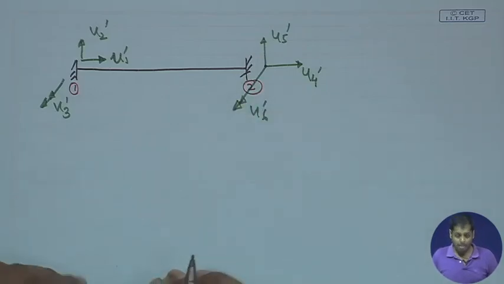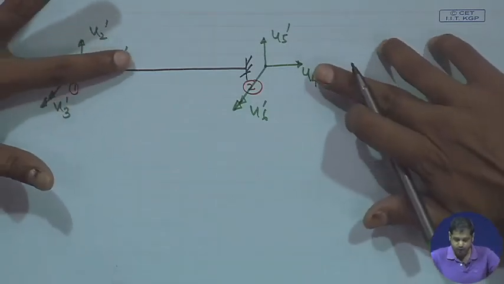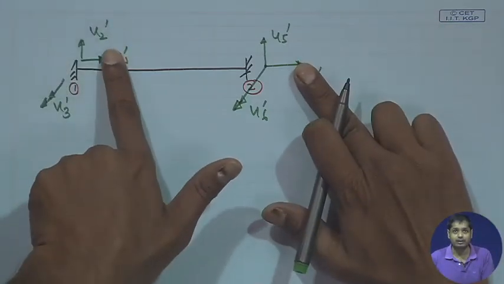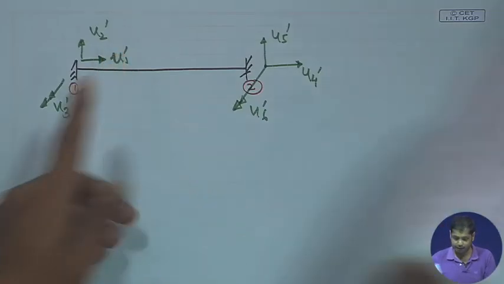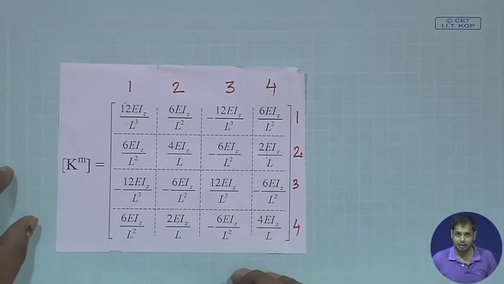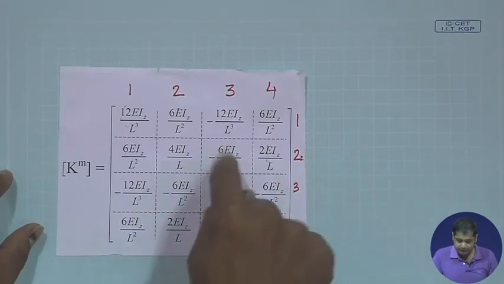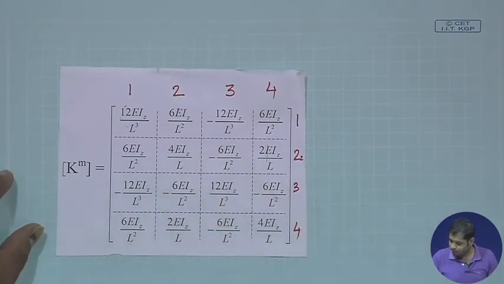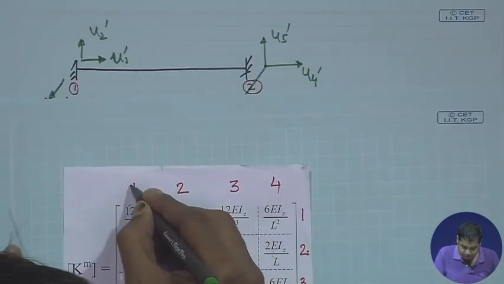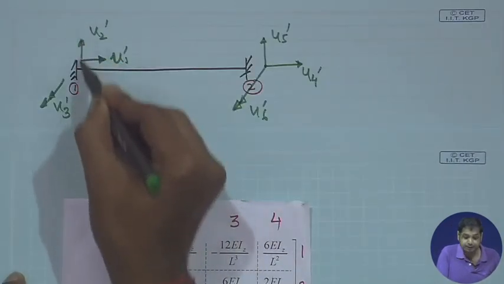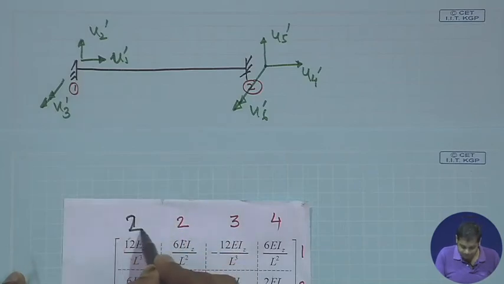Okay. So, when there is no U1 dash and U4 dash, then the stiffness matrix is this, isn't it? So, this stiffness matrix corresponds to translation, meaning second degrees of freedom.